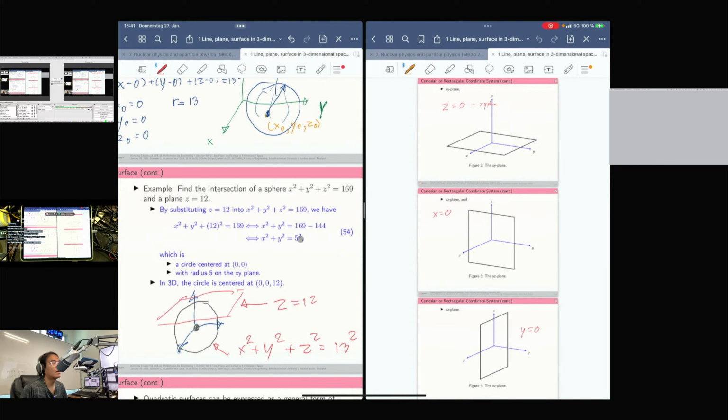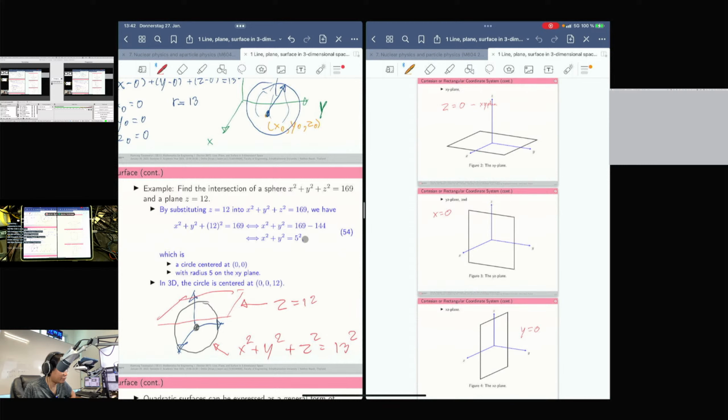So we could express it like this on the right hand side, and the left hand side has nothing to do, apart from moving 12 squared to the right hand side, and we get 5 squared, right? So we have 5 squared on the right hand side, and x squared and y squared on the left hand side.